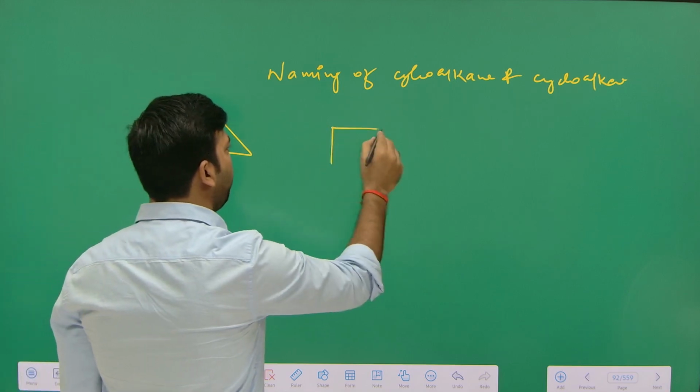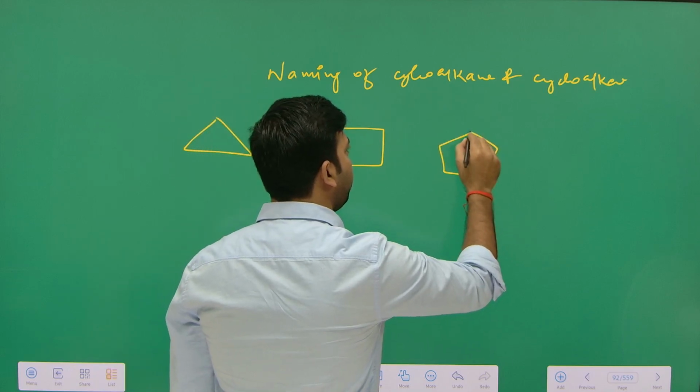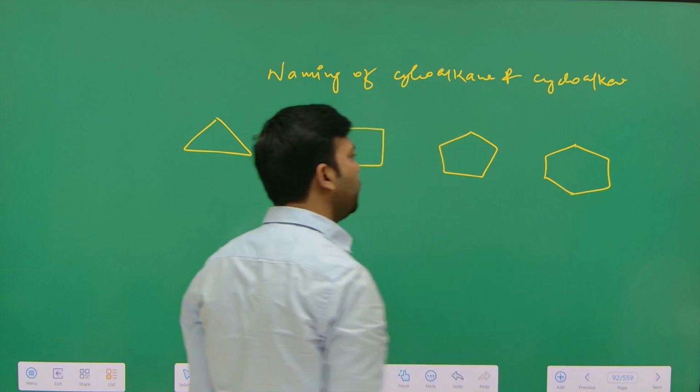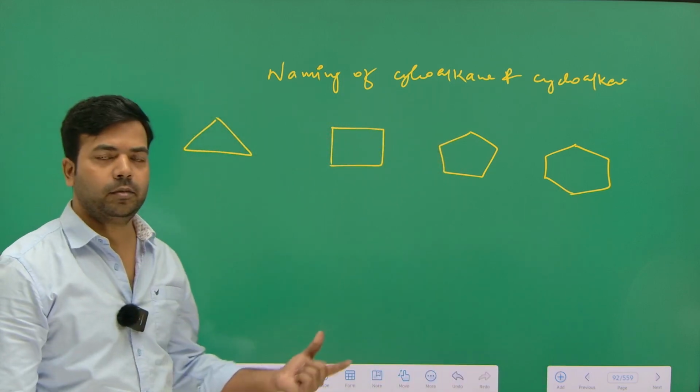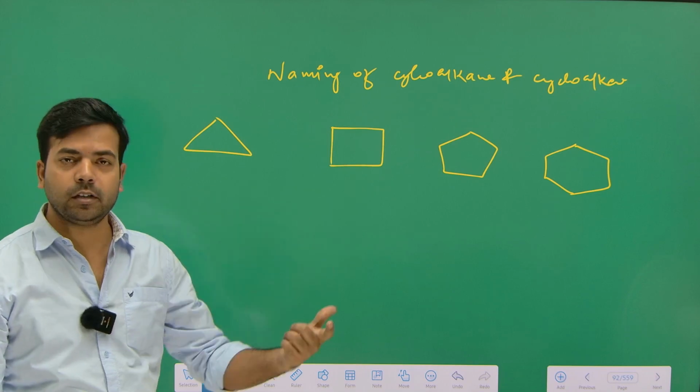And if you have a 4 carbon ring, this is called cyclobutane. And a 5 carbon ring is cyclopentane. And this is cyclohexane. Clear?